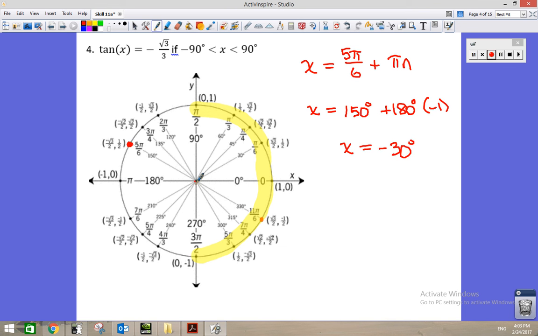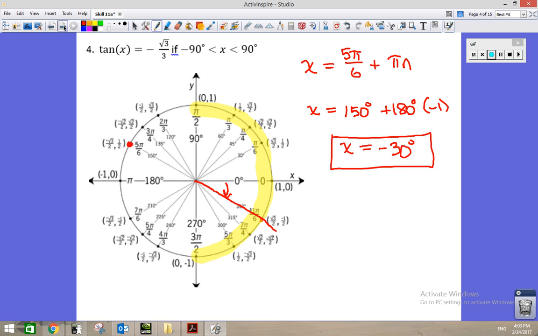In other words, if you just rotate clockwise 30 degrees, you'll be at this point. And that's all they wanted, was a solution. There could have been more than one solution, I guess, in this right half. But in this case, the points of interest were on opposite sides of the y-axis. So there was only one point of interest in this range, and we found the angle measured to be negative 30 degrees.